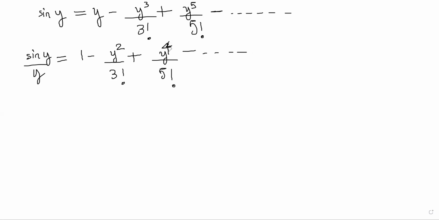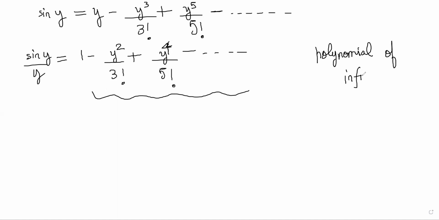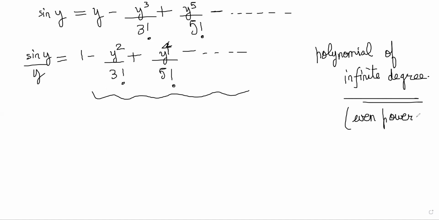Now think about this. The right hand side of this equality is basically a polynomial, but in some sense a polynomial of infinite degree, because the powers of y keep rising, and it has only even powers. Now think about it.